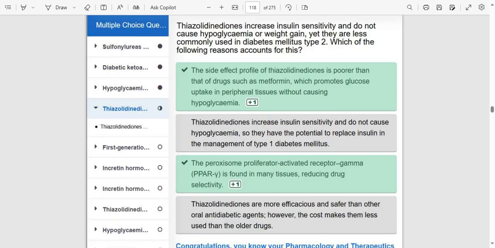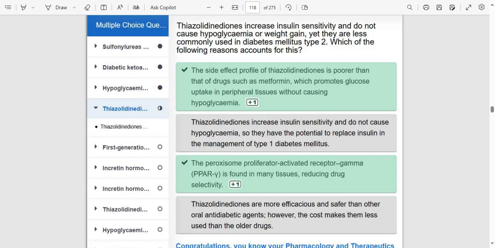Even though, when you look at the way these drugs work, in type 1 the problem is that they depend on the production of insulin. And in type 1 diabetes, we don't have a pancreas that has the capacity to produce insulin. So there's no way they can replace insulin in type 1 diabetes.